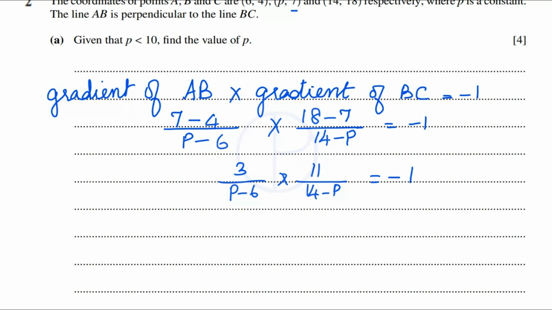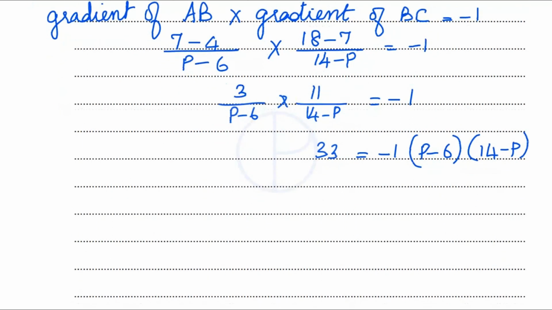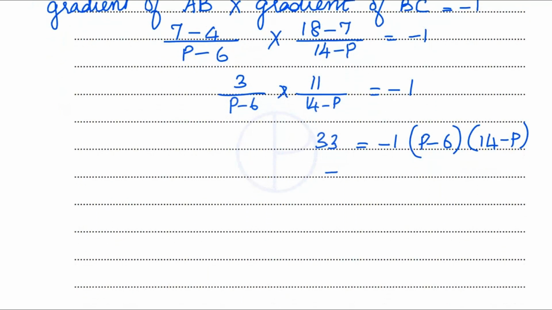So that means 3 multiplied by 11 is 33, which is equal to -1 multiplied by P minus 6 multiplied by 14 minus P. Now let's expand the brackets. Minus of 14P minus 84 minus P square plus 6P.